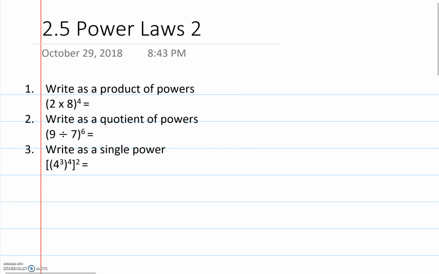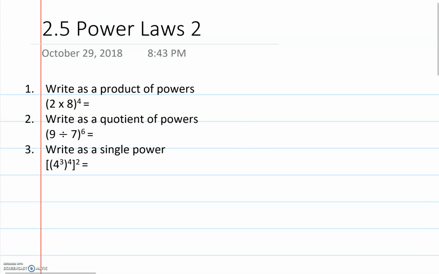Write as a product of powers. I'm going to first just say what the answer is, and then I'm going to explain why this is. Right away here we've got (2 times 8) to the 4.